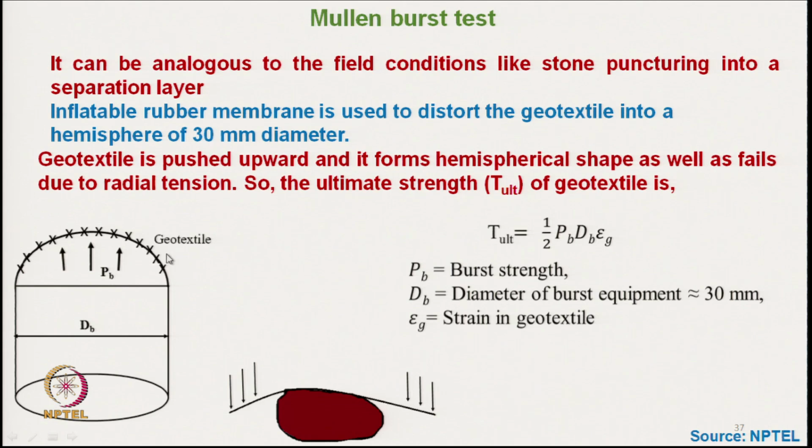So, if we know the strain in the geotextile, the diameter and the bursting strength, we can predict the tensile strength. On the other hand, if we know the tensile strength, the diameter and the allowable elongation taking place in the geotextile, we can calculate the bursting pressure.